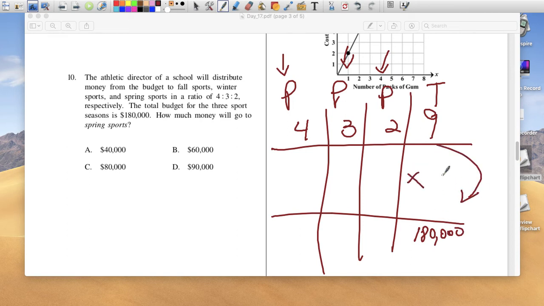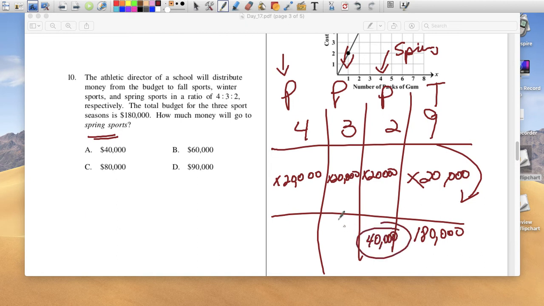Times 20,000. Everything here is times 20,000, and this is also times 20,000. We're interested in the spring sports. So spring, 2 times 20,000 gives us $40,000. So they would spend $40,000 on the spring sports.